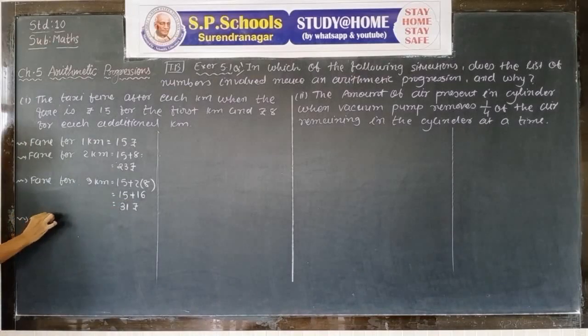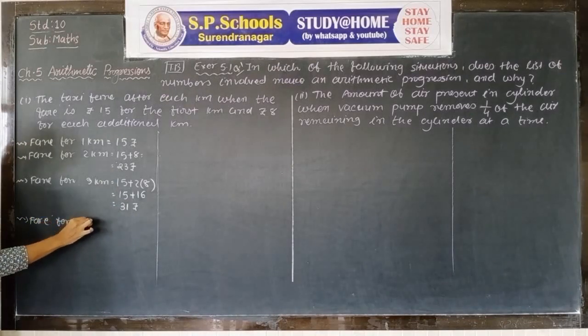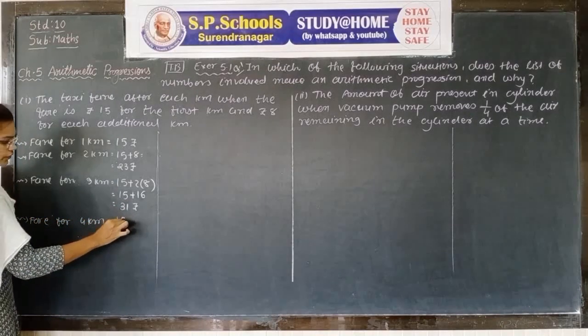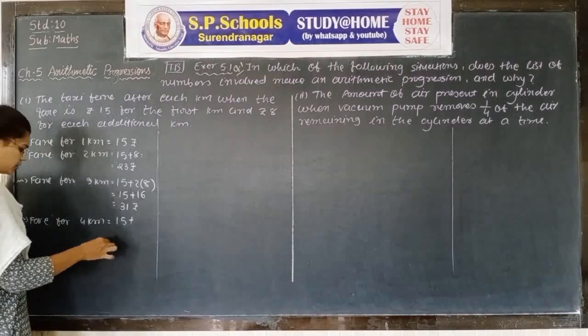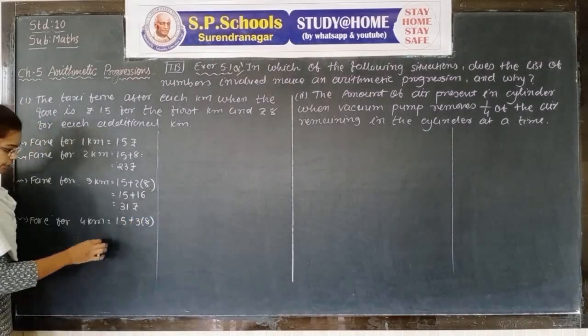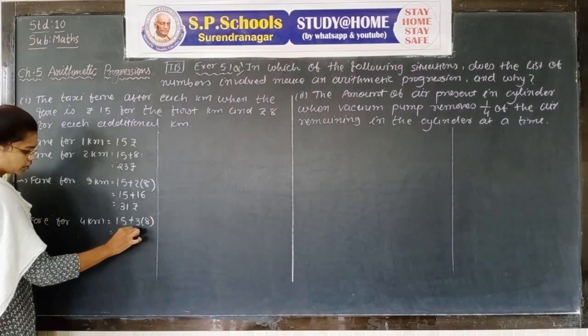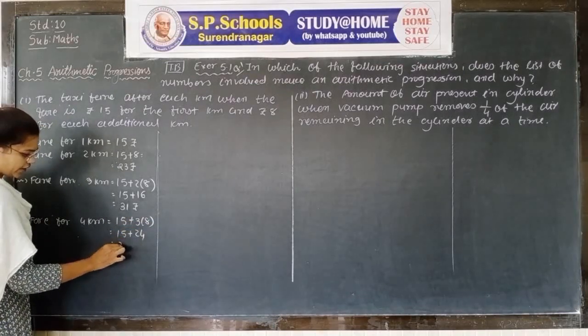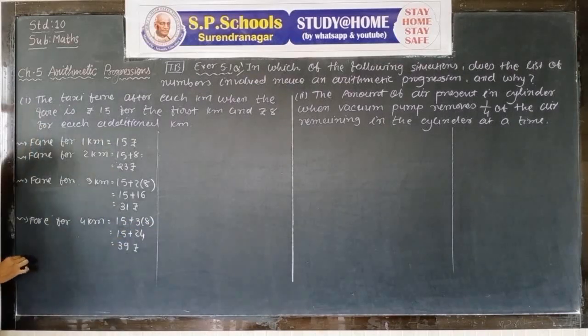Now last, fare for 4 kilometers is equal to, for first kilometer 15 rupees is fixed and another 3 kilometers we have to give 8 rupees per kilometer, 15 plus 24, and we get 39 rupees.